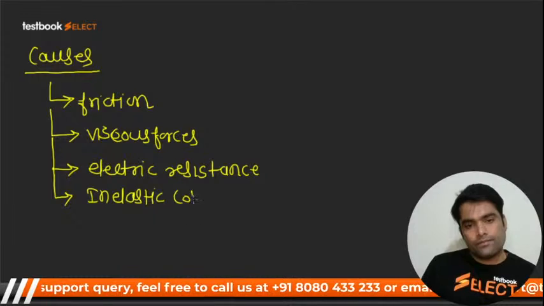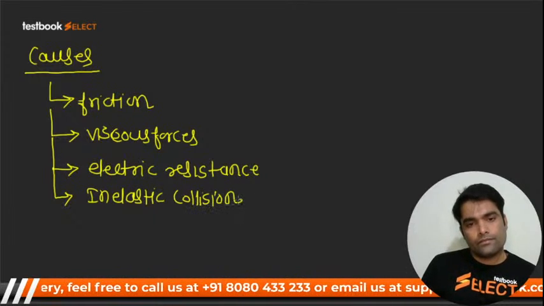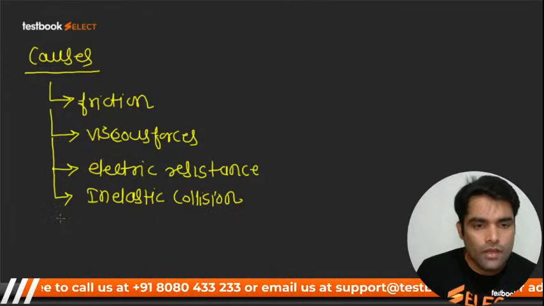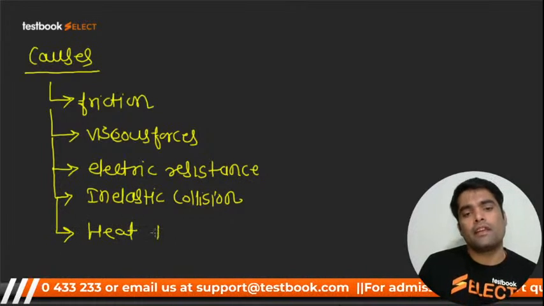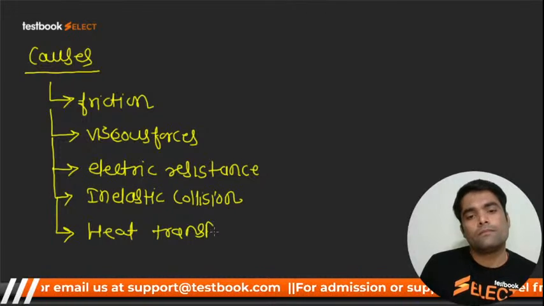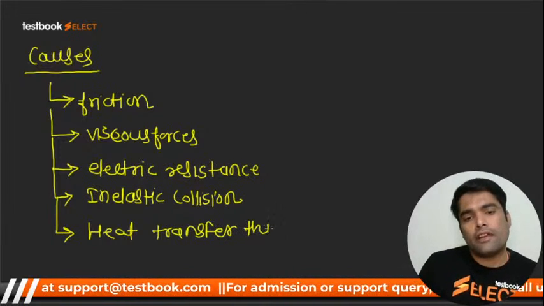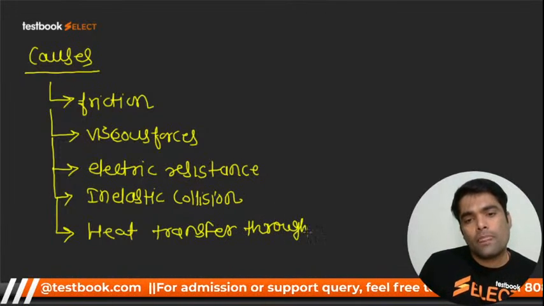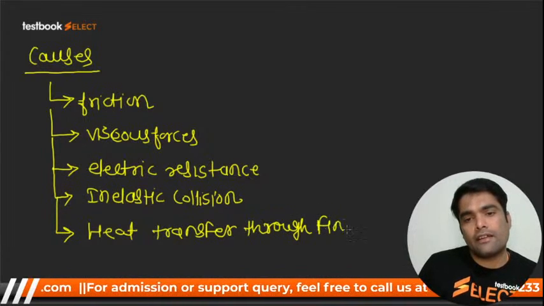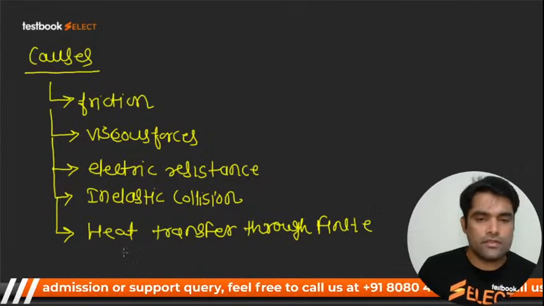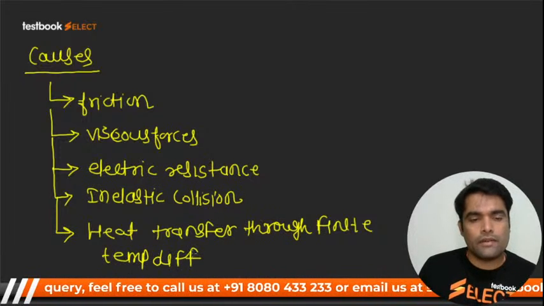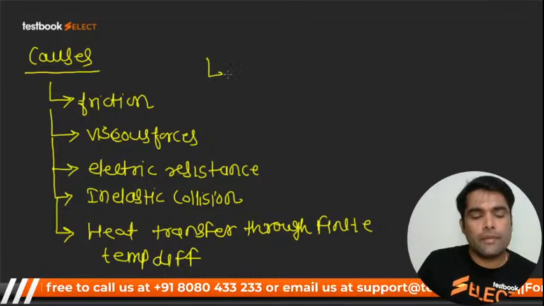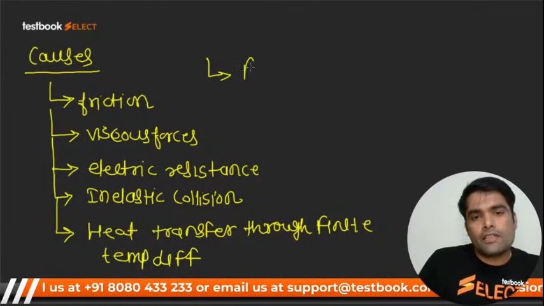And one more thing, heat transfer through finite temperature difference, which I told you about earlier. It is also an irreversible process. And what else remains? It is nothing but free expansion.